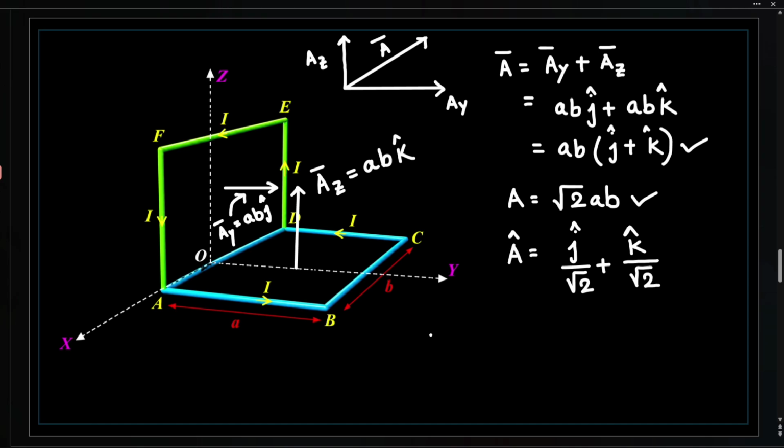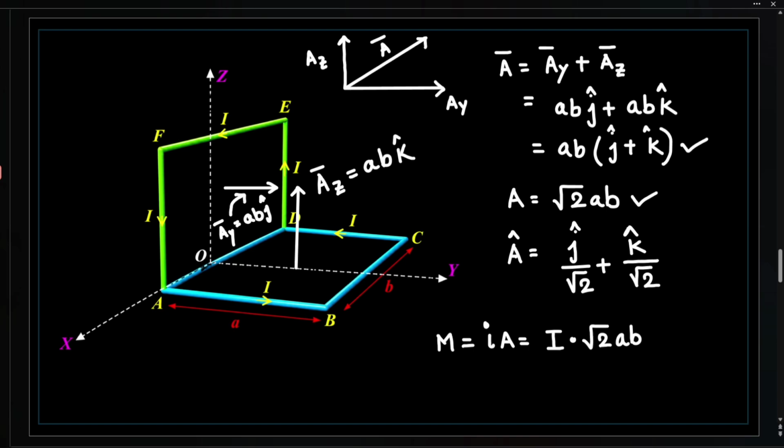Then what is the magnitude of the magnetic moment? M is equal to I into A. The current I is also given in this loop, this capital I is the current. And the net area of this loop is root 2 AB. So I root 2 AB is the magnetic moment.